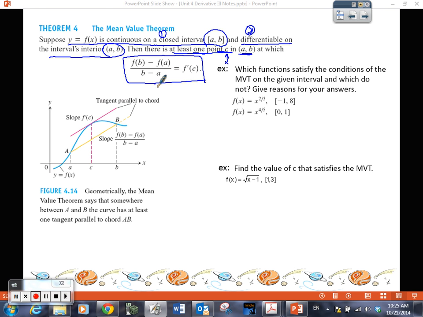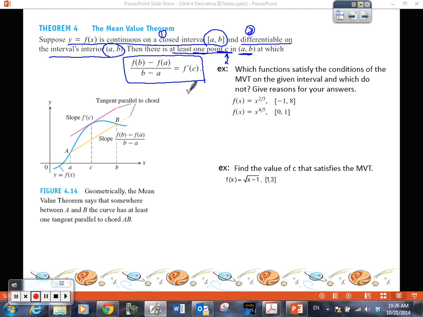It's the average rate of change, the slope of the secant. The formula. And over here, this is saying that at least one place, the slope of the secant, or average rate of change, will be equal to the instantaneous rate of change, the derivative. That's pretty big. That's what this theorem says.